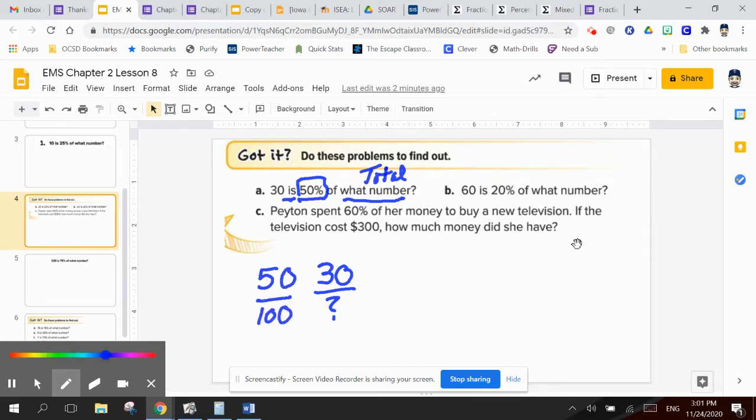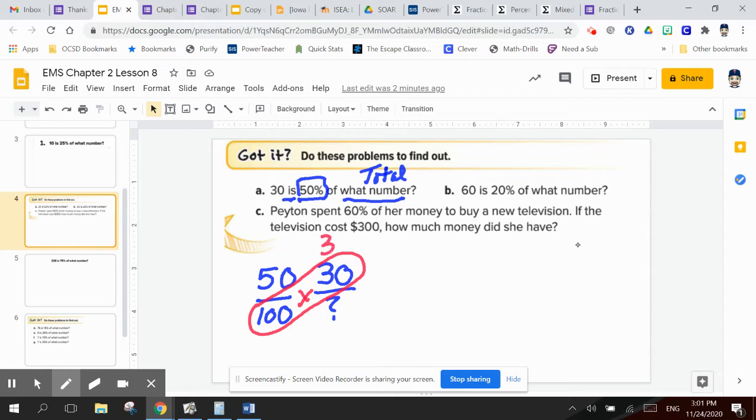I'm going to cross multiply. 100 times 30: 1 times 3 is 3 with 1, 2, 3 zeros after it, so that's 3,000. I'm going to divide that by the only number that I have left, which is 50. 3,000 divided by 50 is 60.